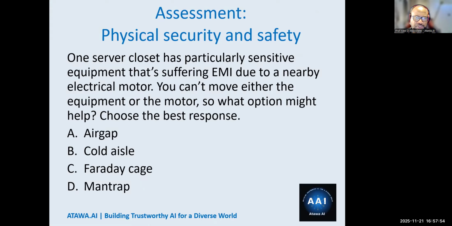All right, question 3 here. One server closet has particularly sensitive equipment that is suffering EMI due to a nearby electrical motor. You can move either the equipment or the motor. So what option might help? So it's not air gap. Throw that out of the way. It's not man trap. A man trap is that device that when you get in, it locks you in, and the back one closes so you can go outside, right?